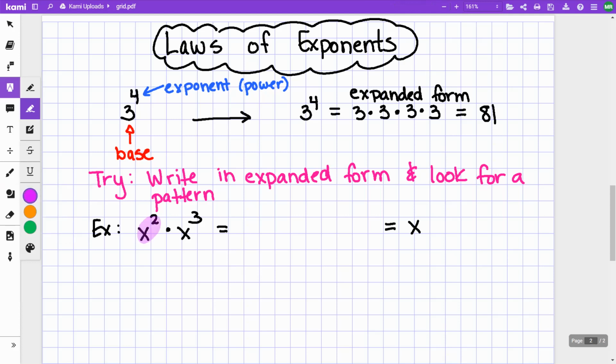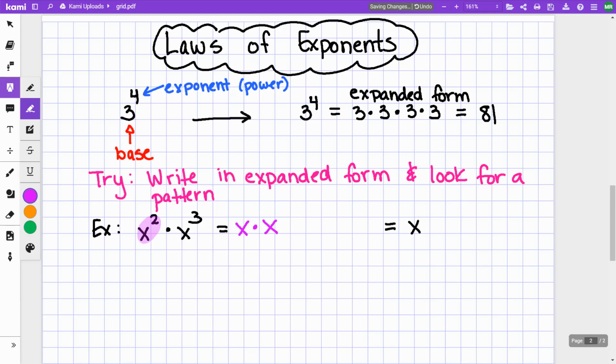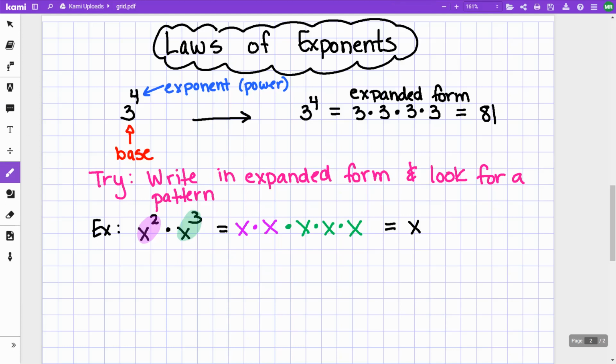So if I'm writing out x to the 2nd, x to the 2nd would be x times x. If I am writing out x to the 3rd, x to the 3rd would be 1, 2, 3, so x times x times x. Now, if you look at this, hopefully you see that we ended up with 5 of these.